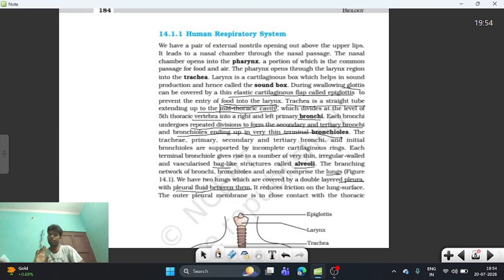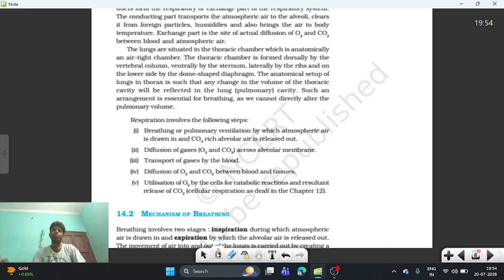So today we have discussed this, and then we have discussed how respiration is taking place. First it is taking in gases, then diffusion of gases is taking place, transport of gases by blood is taking place. Whenever we are taking oxygen, it is mixing with the blood, and the hemoglobin carrying RBCs carry the oxygen to the organs.